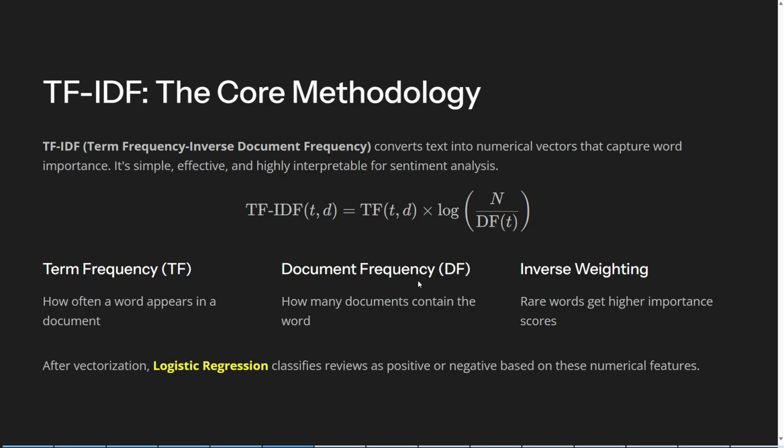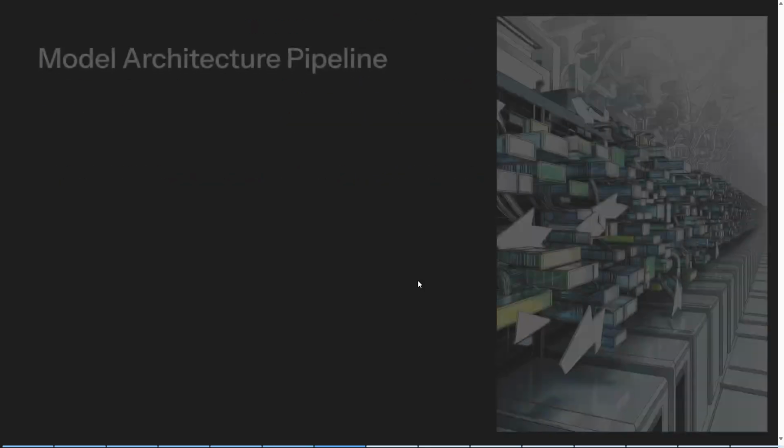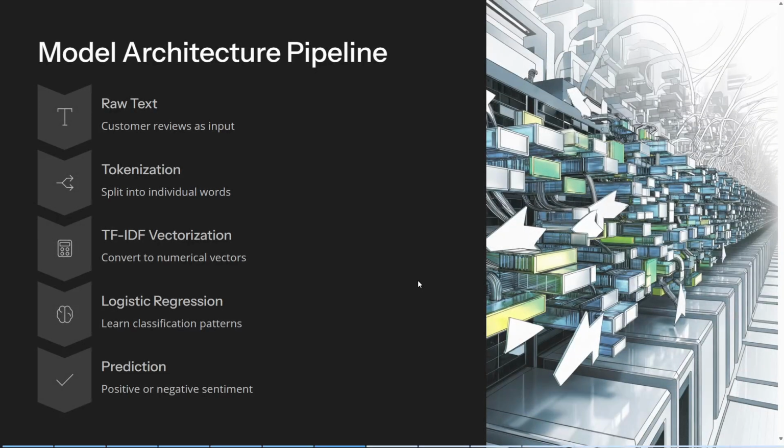I selected this method because it is simple, efficient, and performs well for text classification tasks, as well as providing interpretability, allowing us to understand which words influence predictions. Let's continue. As for our model architecture pipeline, this model allows a straightforward pipeline.